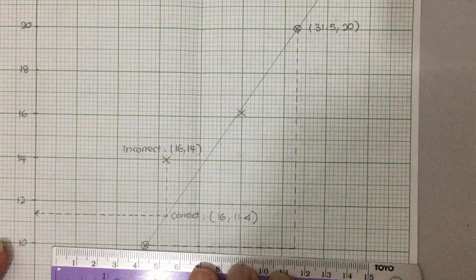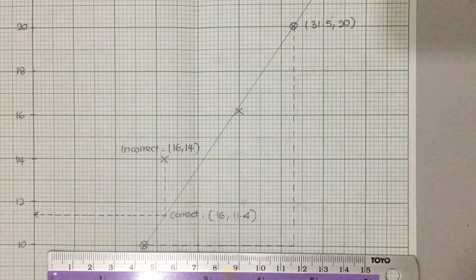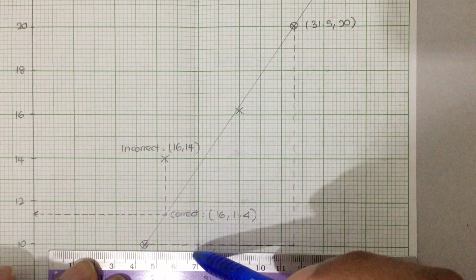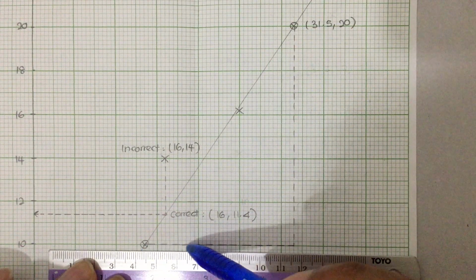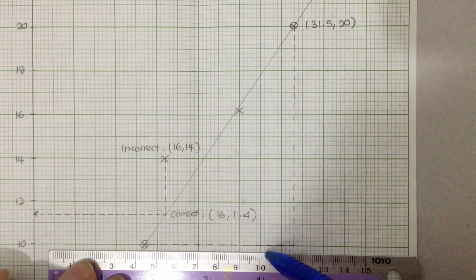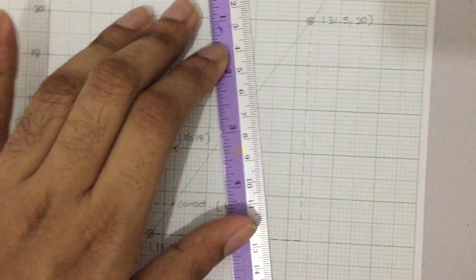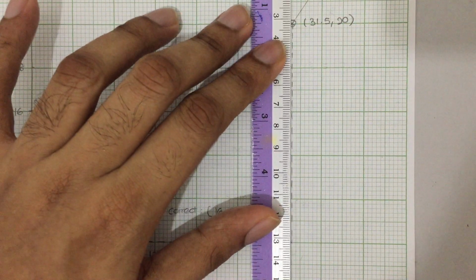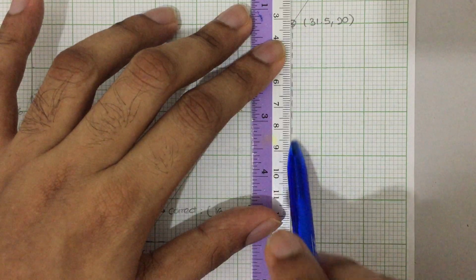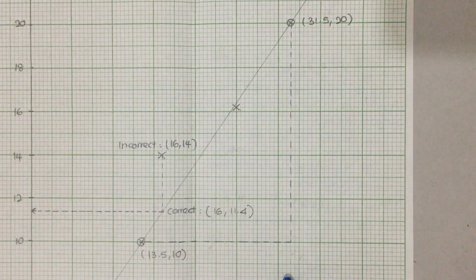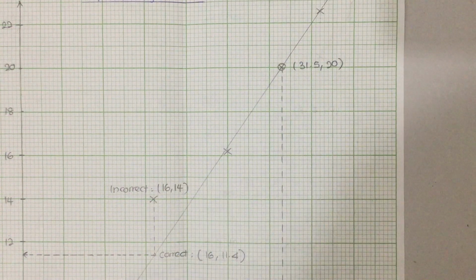Take a pencil maybe, and then you just pull it over here and intersect to the straight line graph, and then you form a triangle, and from here you find the gradient of the graph.